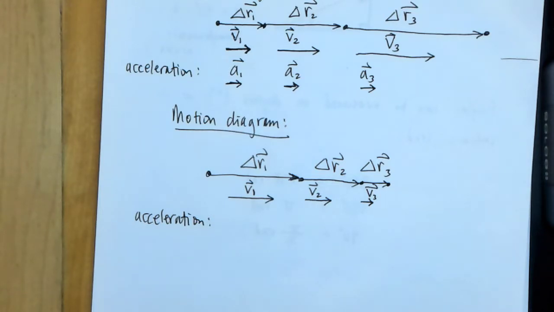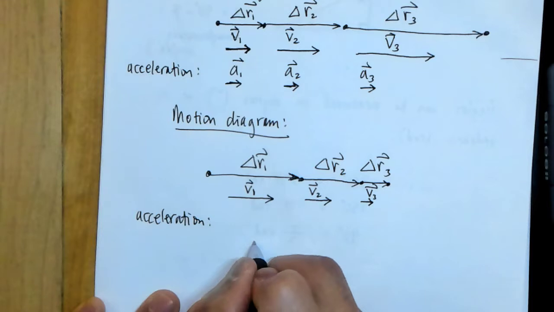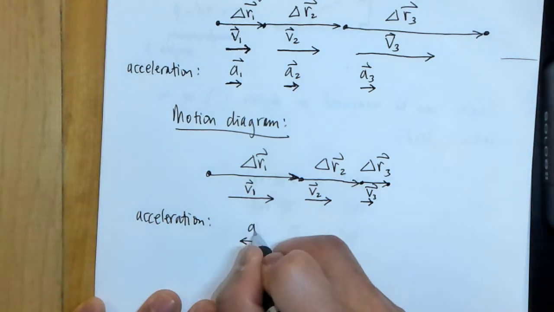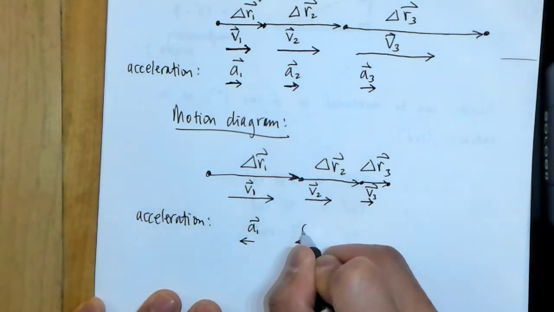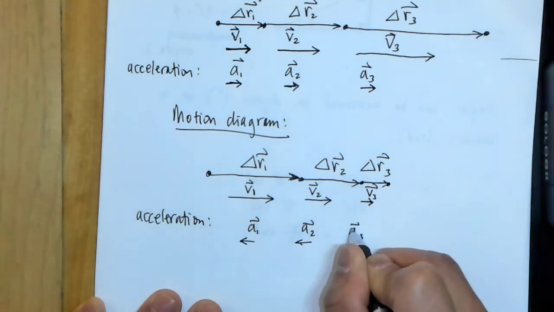So the acceleration must be a negative number, meaning that it's pointing in the negative x direction. Everybody got that? The negative sign tells you it's pointing in the negative x direction. So the acceleration would be pointing like this: a1, a2, a3.